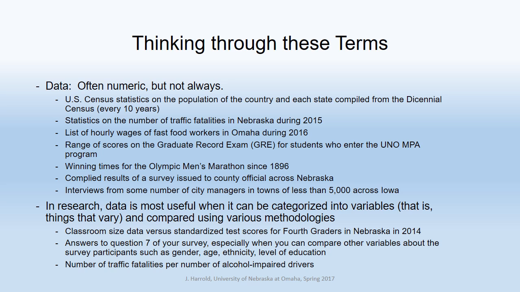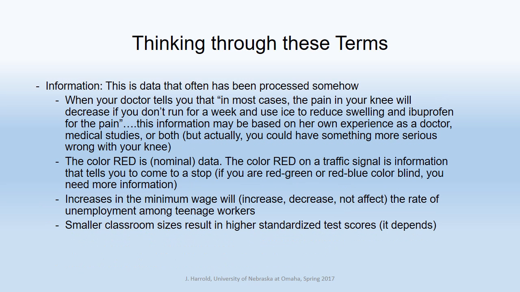Your traffic fatality data might be useful if you can compare it with another variable, such as the number of these fatalities that occurred when the driver was found to be alcohol impaired. So now we're doing something with the data. We're using it for comparative purposes. We're using it to analyze variables in light of the situation that we're looking into.